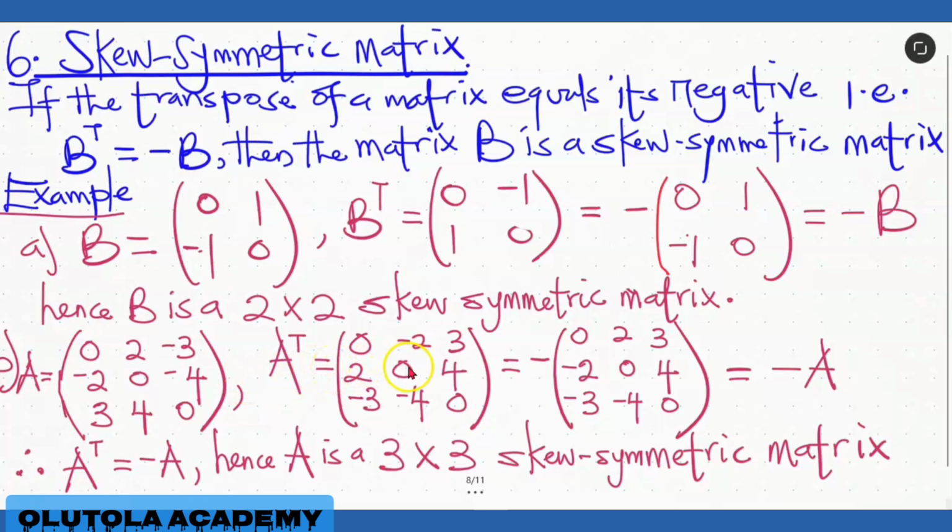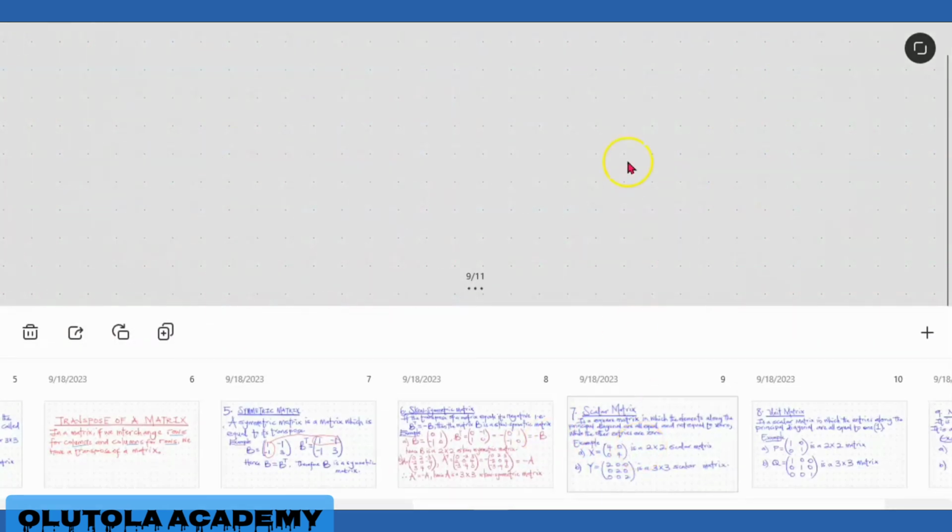Then we can also see that the minus is being factored out, and the element inside this bracket is A. So this is negative A, which is the transpose of A. Therefore, the transpose of A is equal to the negative of the given matrix A. Then we can say A is a 3 by 3 skew-symmetric matrix. So that's the sixth.